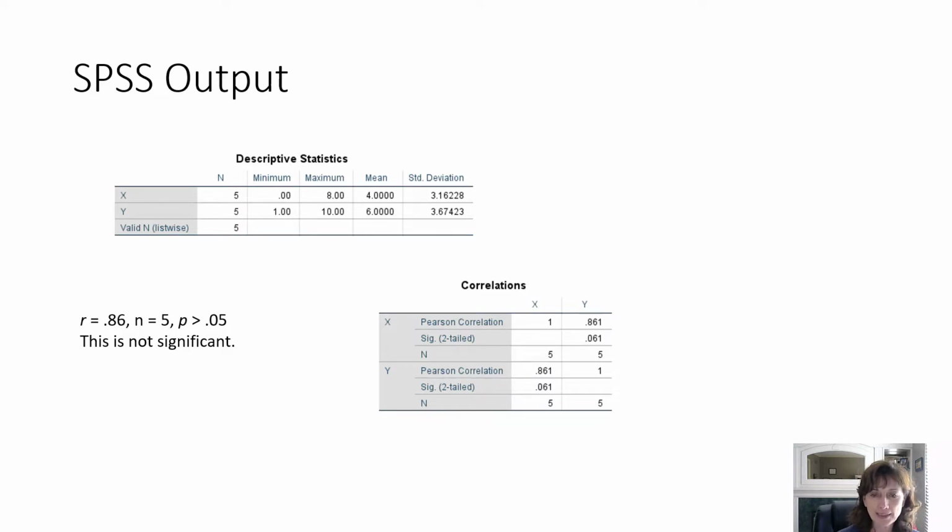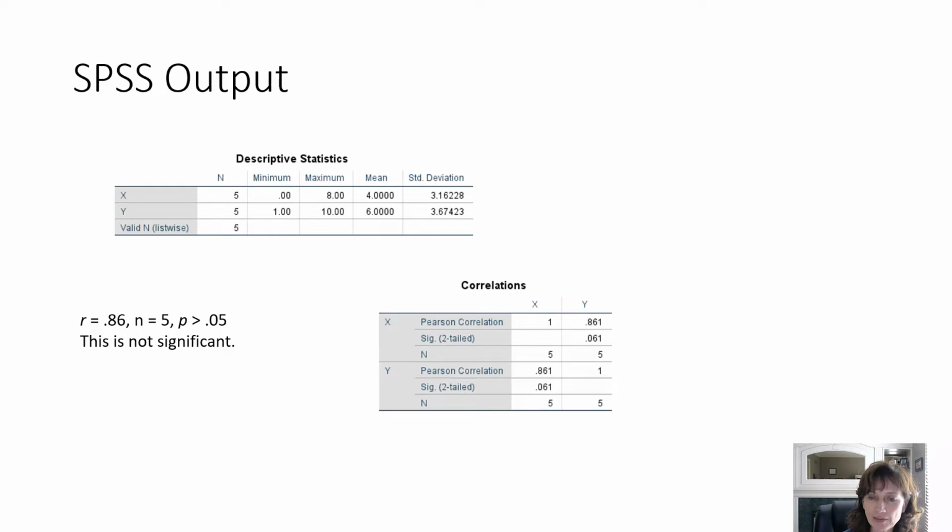It says Pearson's correlation, and you see an x and a y. Notice how there are 1s there. The 1s are when the variable is correlated with itself. So x correlated with x would give you a 1. Y correlated with y would give you a 1. But what we're really interested in is the correlation between x and y. You can see from that table, it's 0.861.